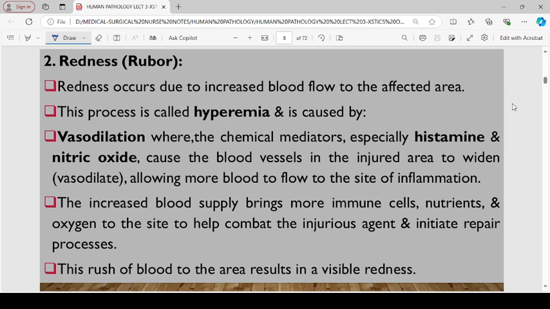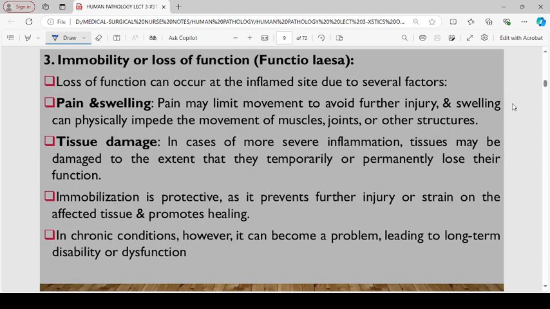The increased blood supply brings more immune cells, nutrients, and oxygen to the site, and this will help combat the injurious agent and initiate the repair process. This rush of blood to the area results in visible redness.